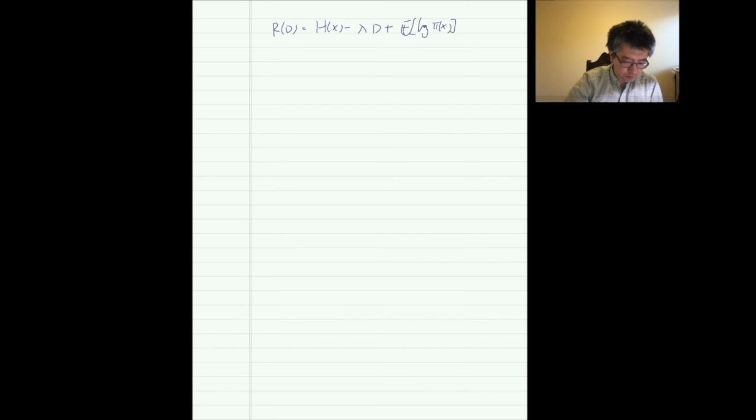Therefore we get h of x minus lambda d plus, let's plug this log term in, which is pi, px over mu x, right? It's 1 over 4 times a plus 1. Okay, so that equals 2.